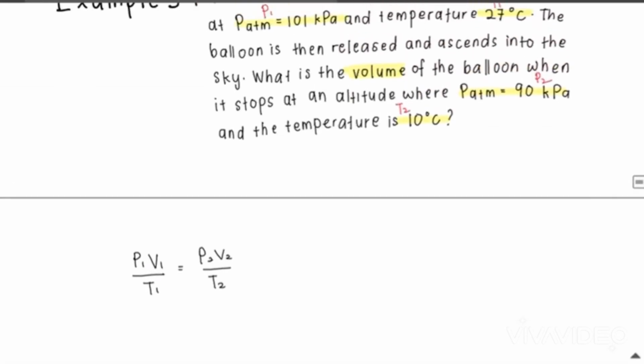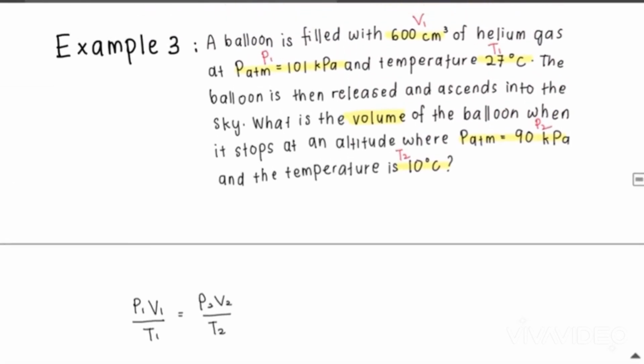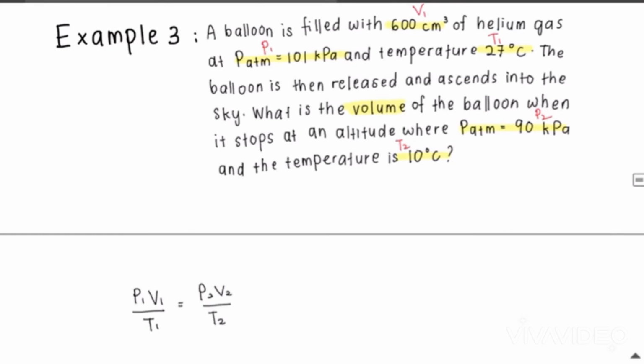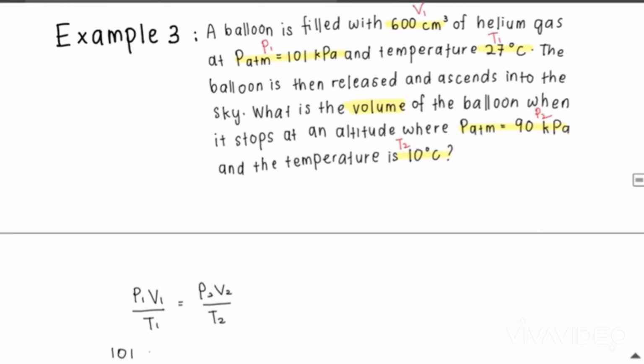Okay, just substitute it. P1 is 101 times V1, 600, over T1. Make sure you change the temperature into Kelvin first, okay?